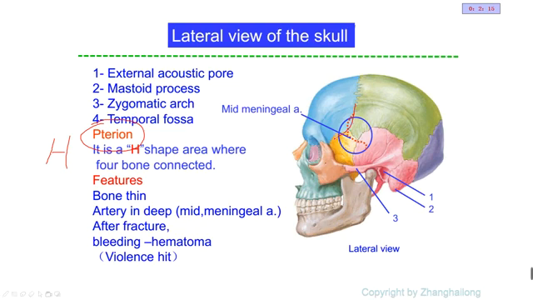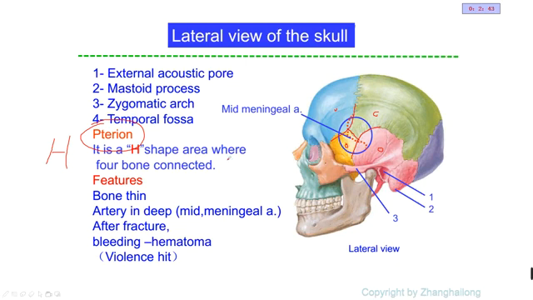From here to here, from here to here, and a transverse line. This is the H-shaped area, and it's the boundary of the different bones: frontal bone, parietal bone, temporal bone, sphenoid bone, and the sutures between them. The sutures form the H-shaped area.